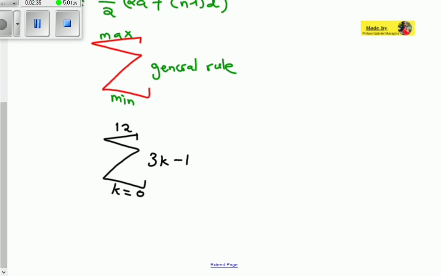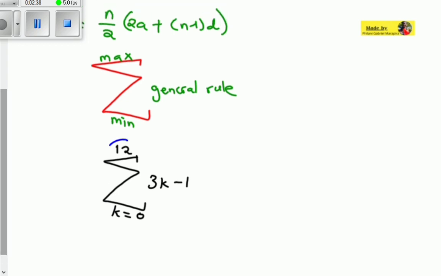This is your maximum value. What is the maximum value? The value that you find above the sigma symbol is the last value you substitute at k. You cannot exceed 12. This is your boundary, telling you that you end up substituting k as 12.